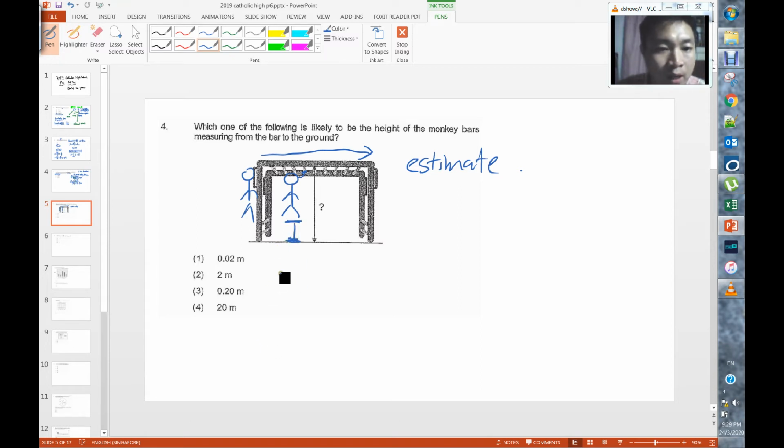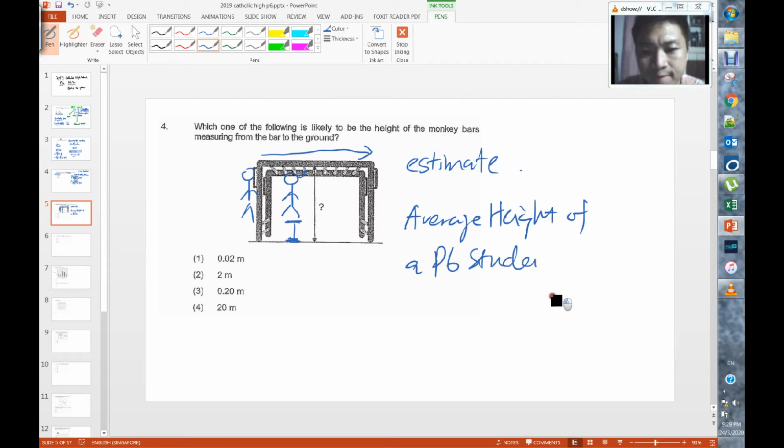So what's the average height of a person for primary 6 students? What is the average height of a P6 student? Okay, so my estimate is about 1.3 meter.